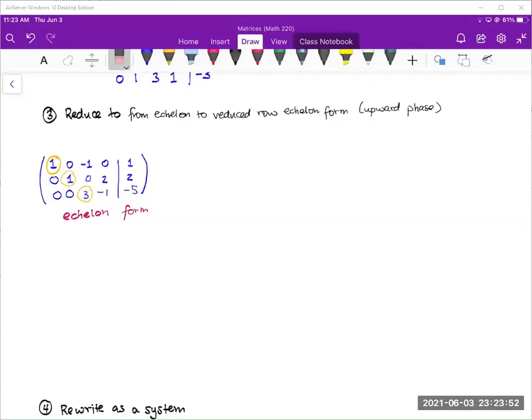So in the upward phase of row reduction, we're going to start off at the bottom, at our last row, and we're going to clear out, and by that I mean make 0, any non-zero entries that live above it. Okay, so here we're starting at this last row.